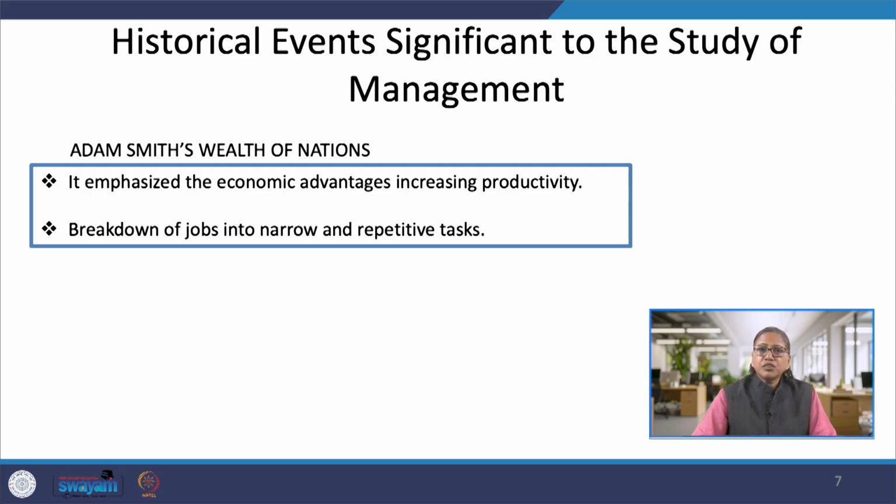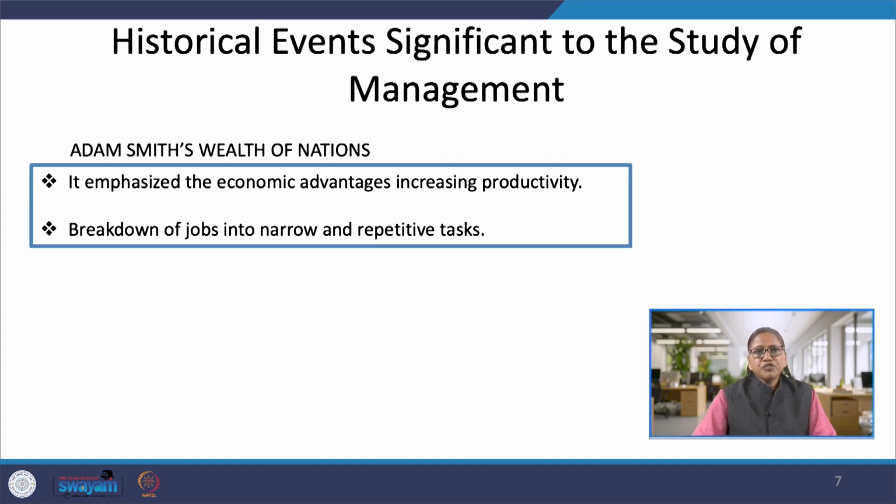In 1776, Adam Smith, a Scottish philosopher, published the book Wealth of Nations, emphasizing the economic advantages that organizations and society would gain from the division of labor to increase productivity. Division of labor involved breaking down jobs into narrow and repetitive tasks, which emphasizes specialization.